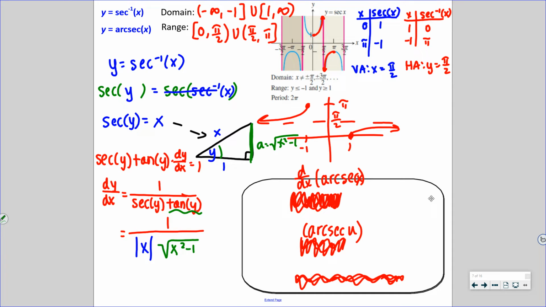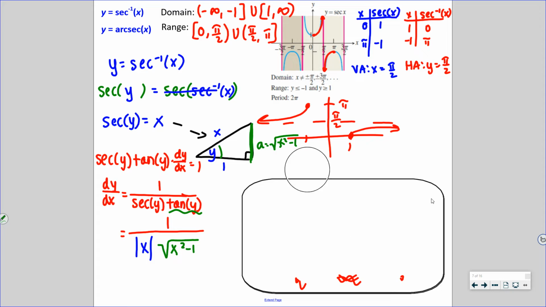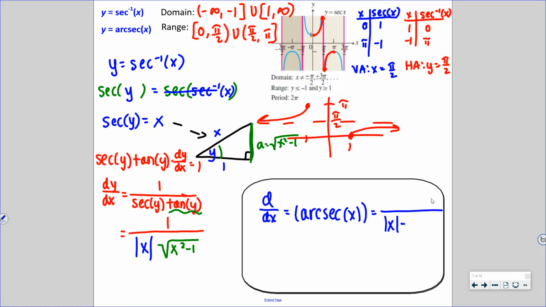Super weird. Okay, here's what you need to write, if you have not already. The derivative for arc or inverse secant of x is 1 over the absolute value of x times the square root of x squared minus 1 in the denominator.